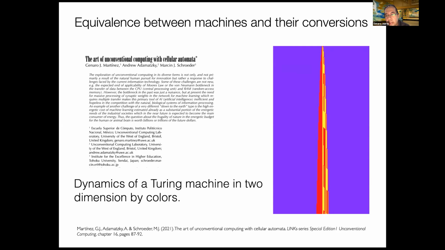Well, first of all, it is the time, because in Turing machines we need many steps before we can possibly find some patterns, whereas in cellular automata it's faster to recognize. Okay.